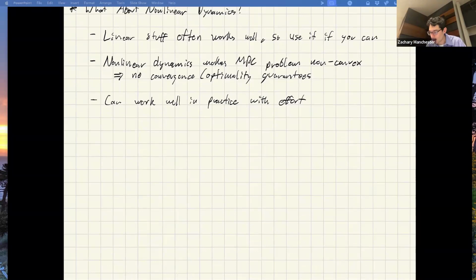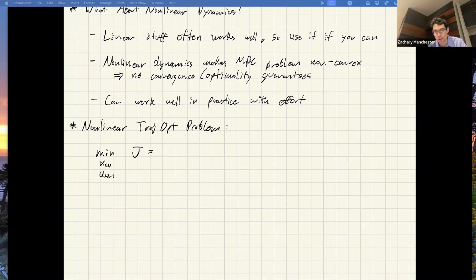Okay, so now we're going to write down a general nonlinear trajectory optimization problem. This is the stuff we're now going to be talking about solving, and it's a slightly more general version than we were doing before. In discrete time, we're going to have the x's 1 to n, u's 1 to n minus 1, just like before.